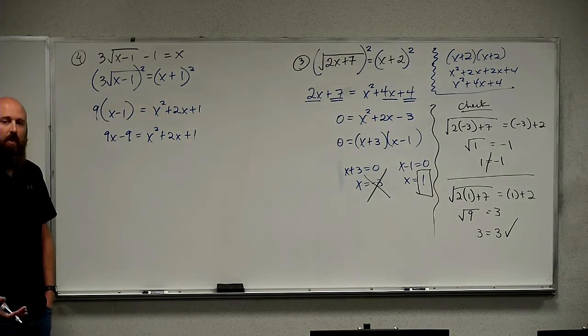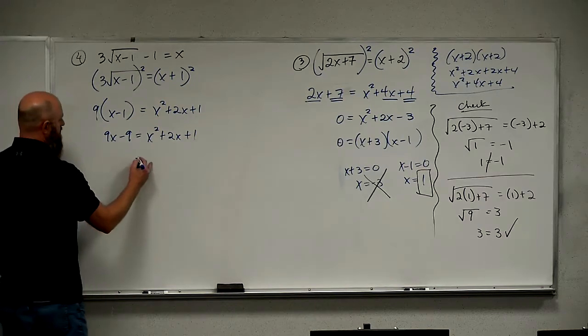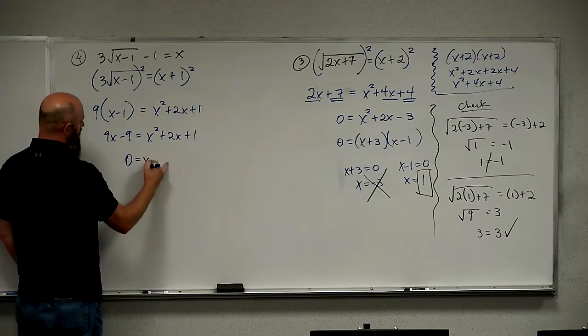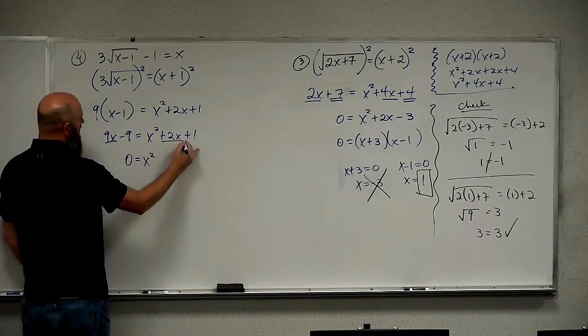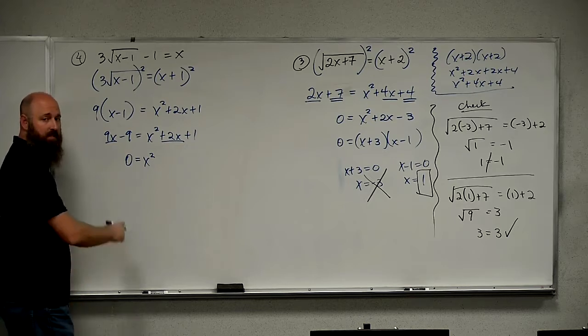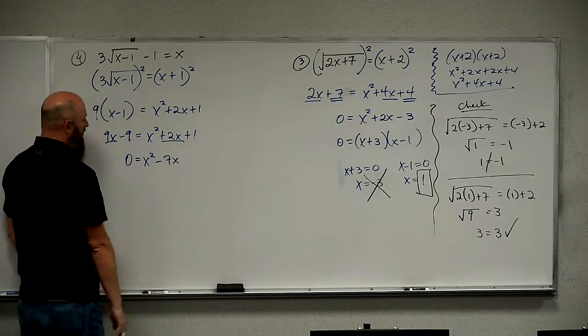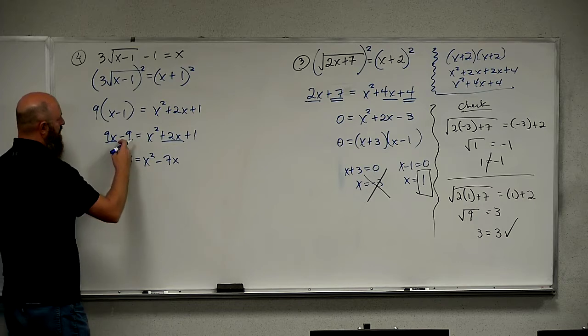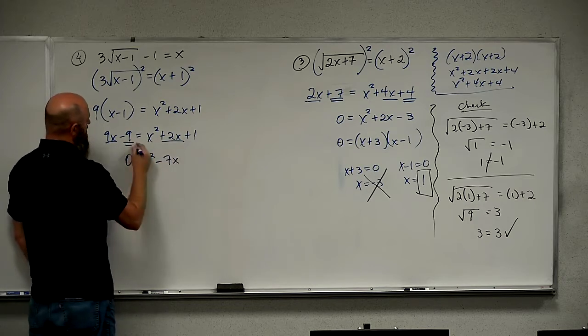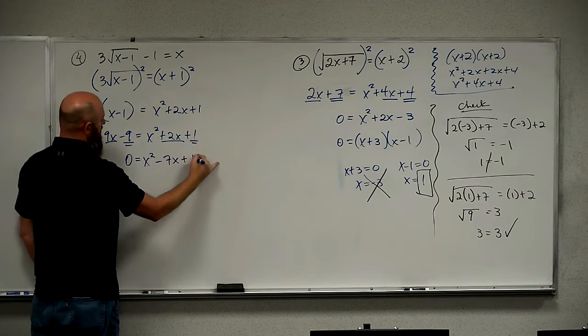So we see that quadratic, the x squared, so that means I need to move everything over again. I'm going to have 0 equals x squared. I'm going to move that 9x over with the 2x by subtracting the 9x. It's going to end up giving me a negative 7x. I'm going to add the 9 to the 1, and we're going to get 10.